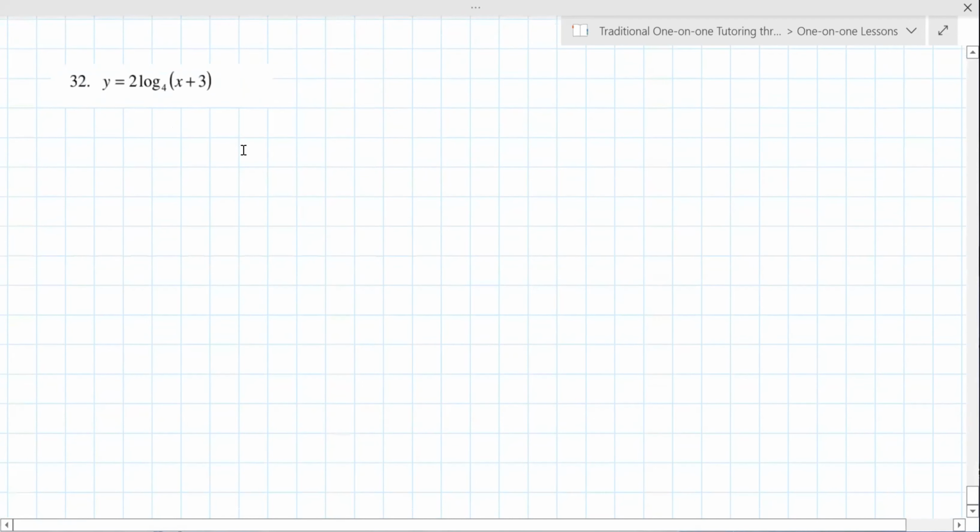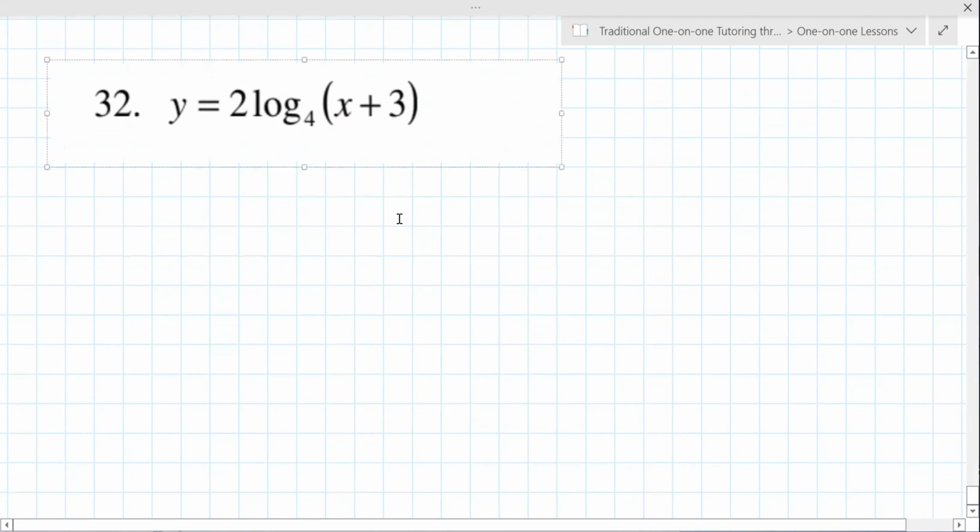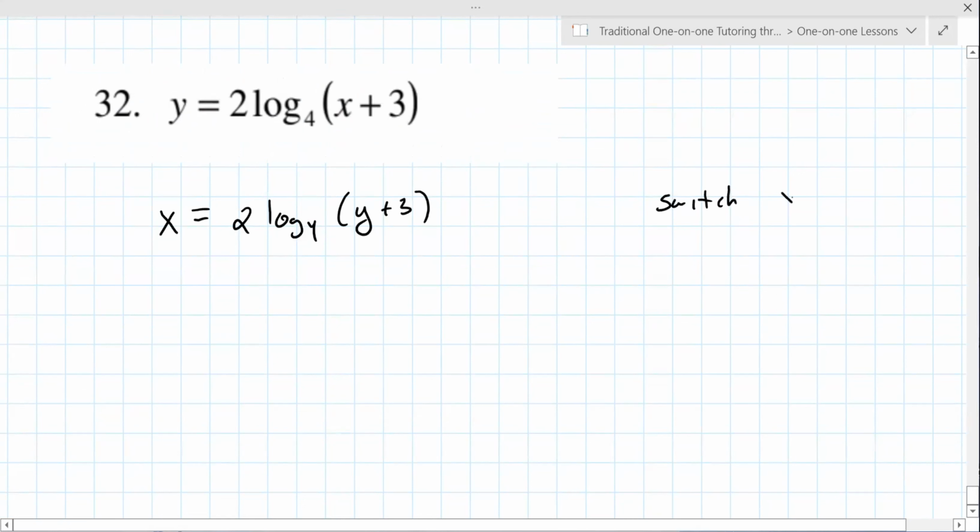All right, so here we go. You switch x and y. X equals 2 log base 4 of y plus 3. You want to get the log isolated, so you're going to divide both sides by 2.